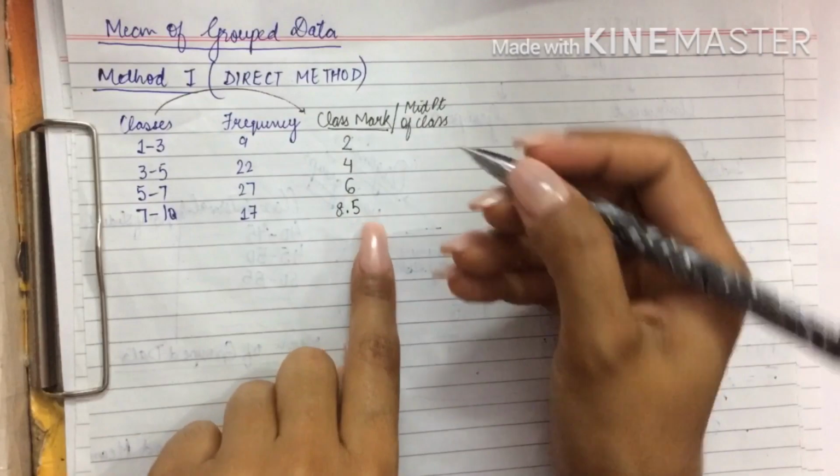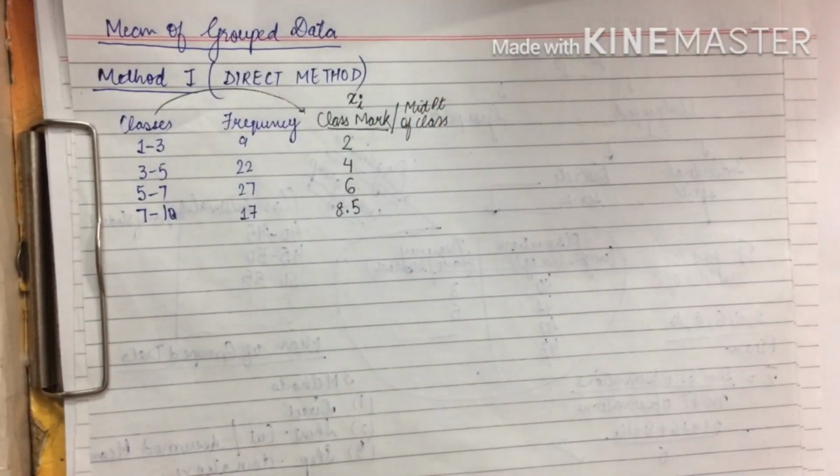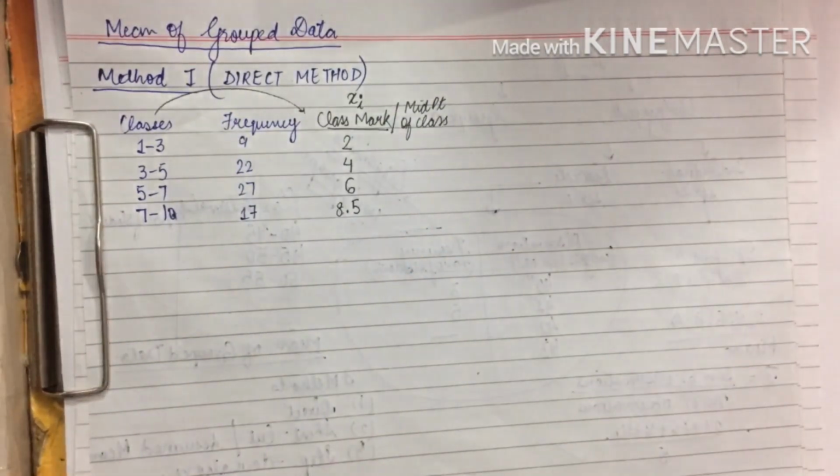And these class marks are represented by xi. Since our observations are grouped in the classes, we do not know what our individual observations are. And what we assume is that all the observations are concentrated at the center or the middle of the class interval.